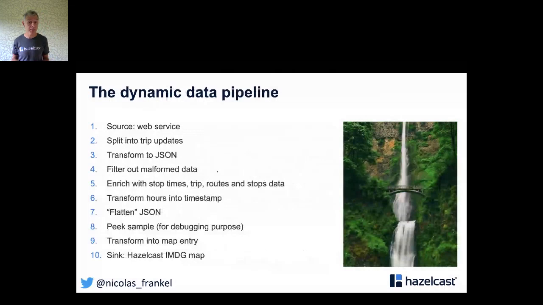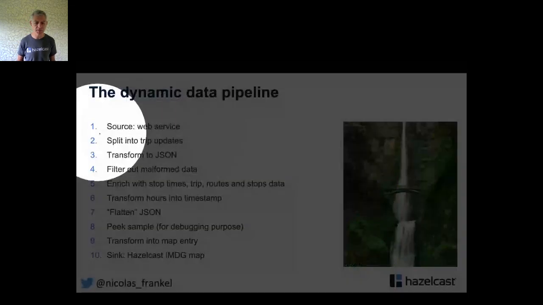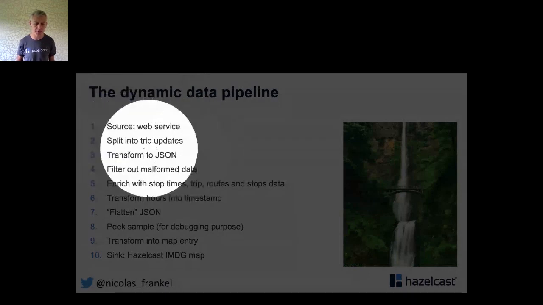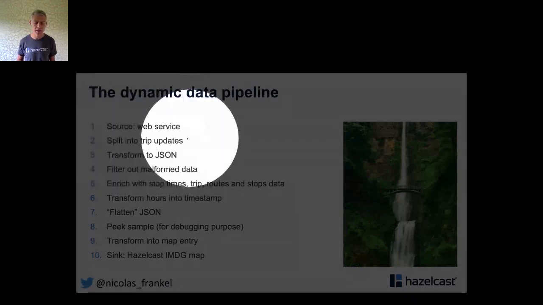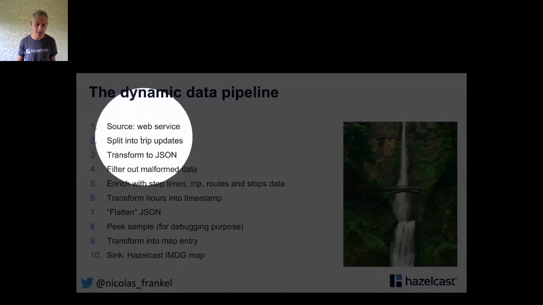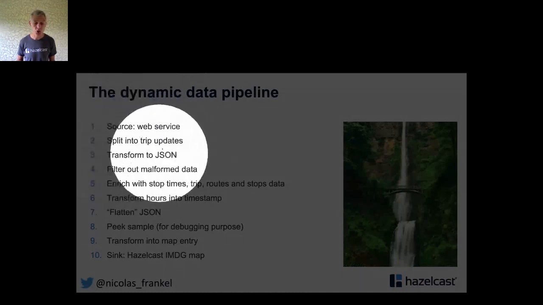And the data pipeline that I've coded looks like this. So I read from the web service. I get the full envelope. Now I split, as in the model, the whole envelope into multiple trip updates. I transform it to JSON.